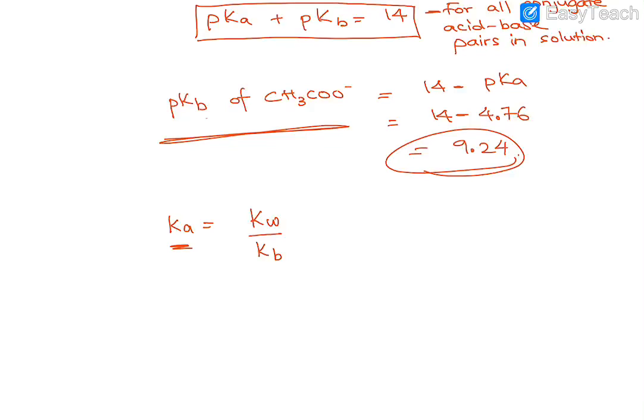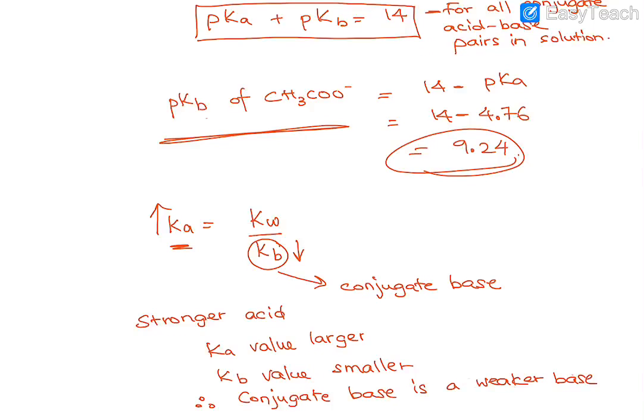And if the Ka value is large, the Kb value is going to be smaller. And because the Kb value is smaller, the conjugate base is going to be a weaker base. So a stronger acid is going to have a weaker conjugate base.